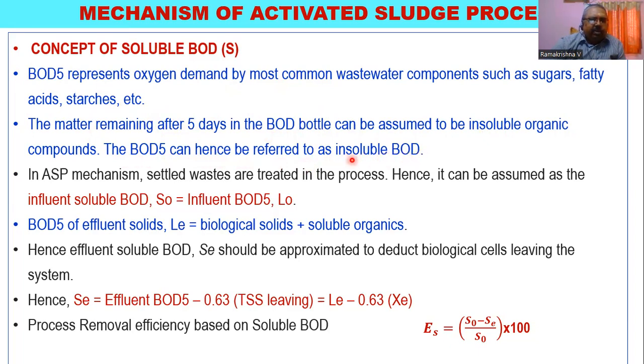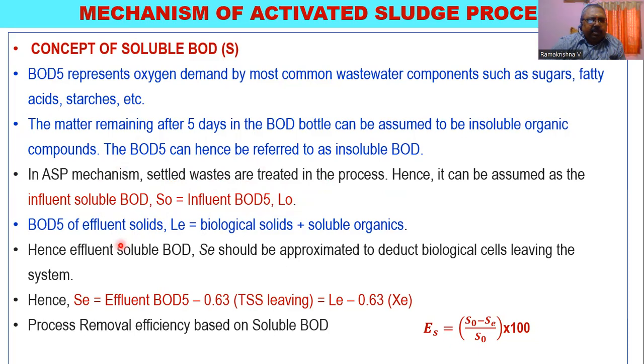Okay. So now here, in the ASP, the settled wastewater is treated in the process. So it can be assumed that the influent soluble BOD is S0, and it is also equal to the influent BOD5. So we are talking about only soluble waste in the treatment of the process. Here soluble BOD can be assumed to be the same as influent BOD5, so both are similar.